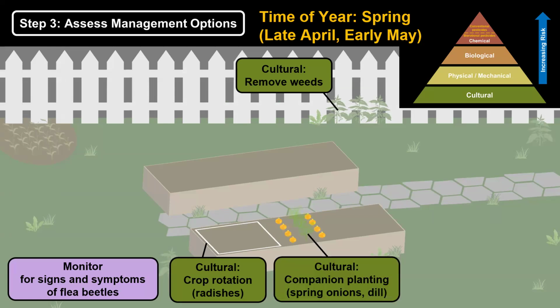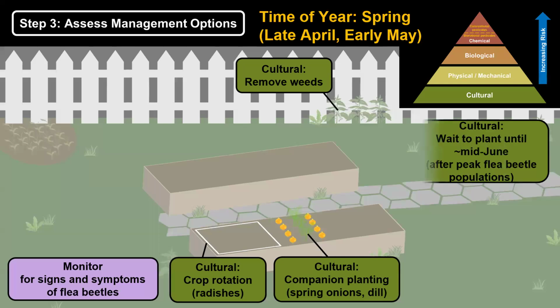We can think about companion planting. So some research has shown particular plants planted together can help to deter particular pests. So we have some examples here of spring onions and dill. We can wait to plant. So thinking about the life cycle of our pests, if we have a peak population, maybe we're planting after that peak population.